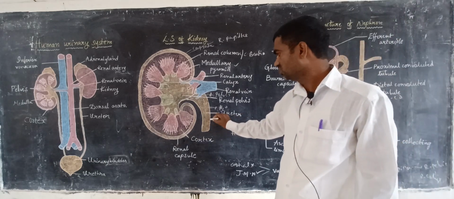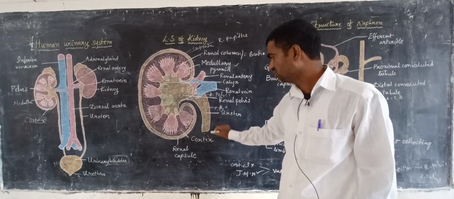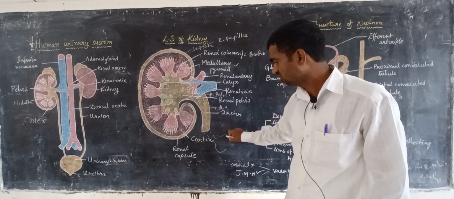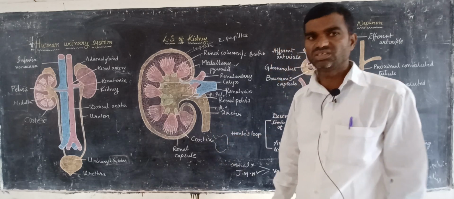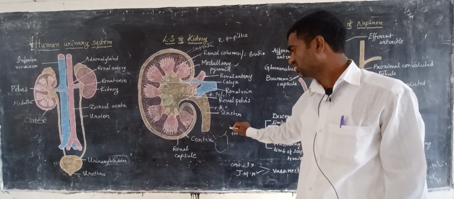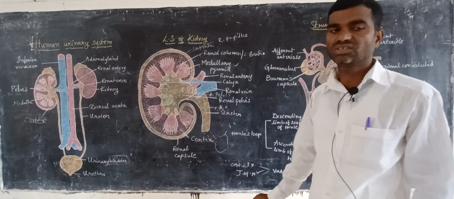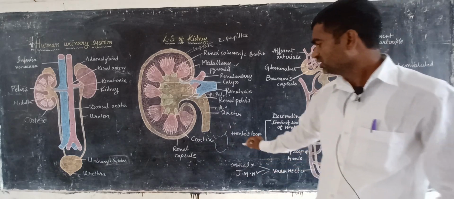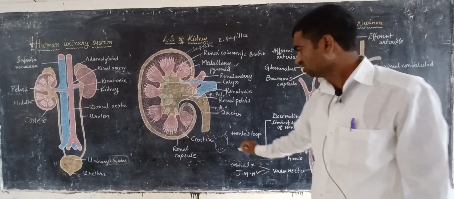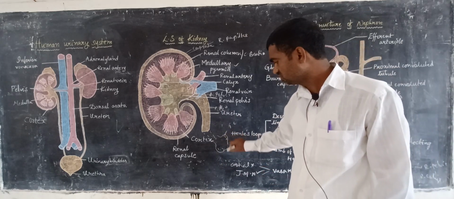Through the ureter, the urine reaches the urinary bladder, a bag-like structure. The urinary bladder is also made up of transitional epithelial cells, and contains sphincter muscles.